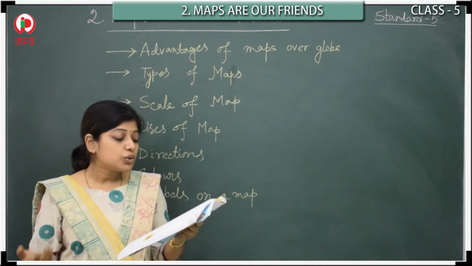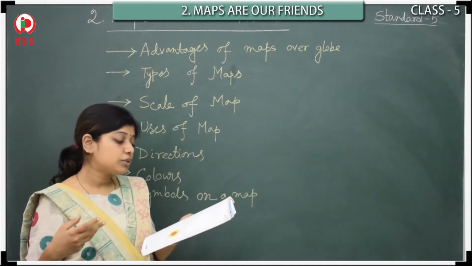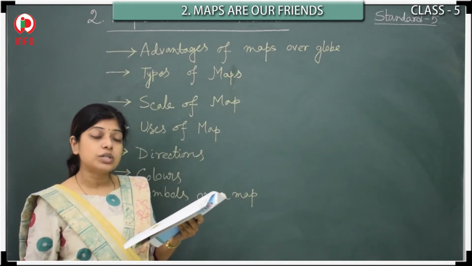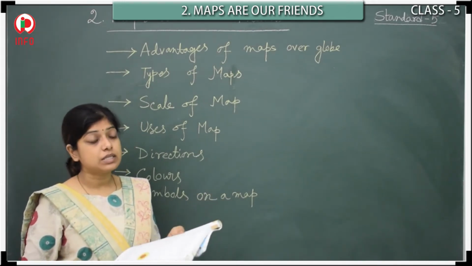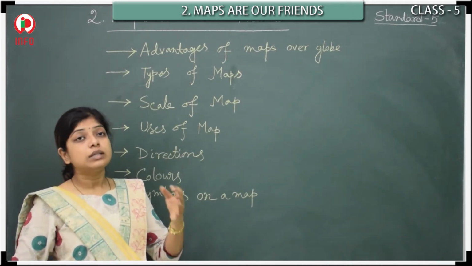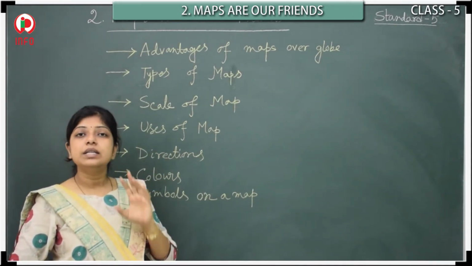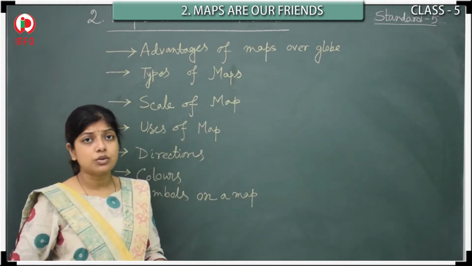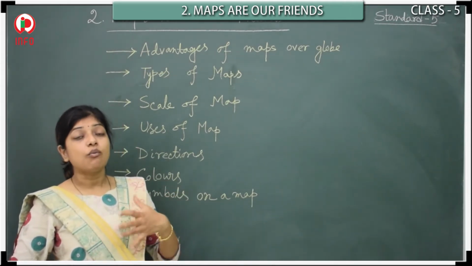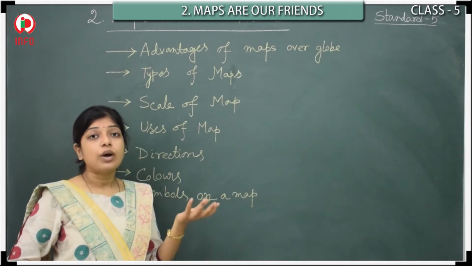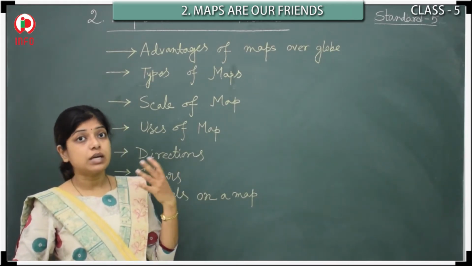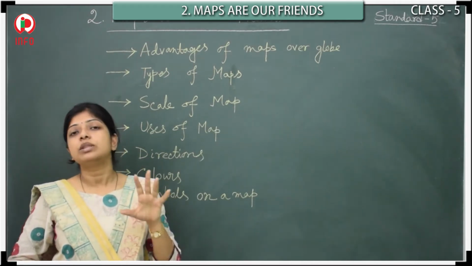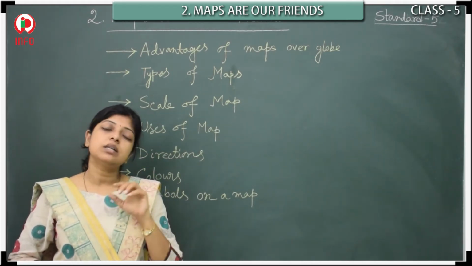And next thing, to find out names of countries, capitals, roads, towns and other places. Yes, with the help of the map only it is possible to know where San Francisco is, where Japan is, where China is, where the USA is, where the UK is. All these things you are able to understand by seeing the map.